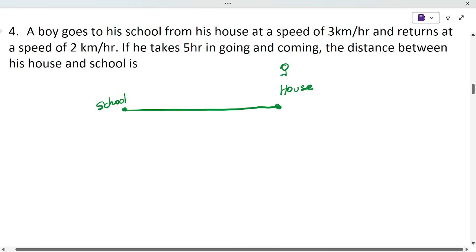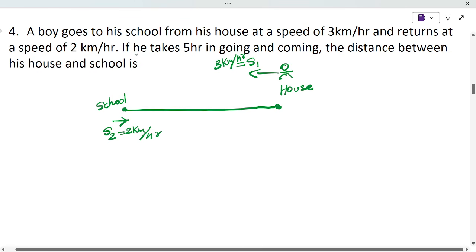The boy goes to the school at a speed of, let's say S1, 3 km per hour, and returns at a speed of, let's say, 2 km per hour.